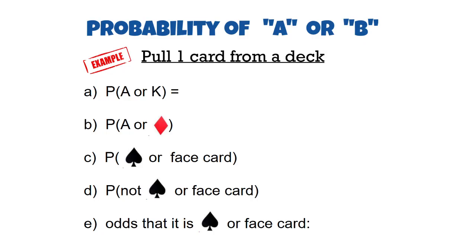The probability of an ace or a king. Okay, an ace. You're doing probability, so that's successes over total. There are 4 aces in the deck out of 52 total. Or tells me to add. I also would consider a king being a success. So there's 4 kings out of 52, which gets me 8 out of 52.